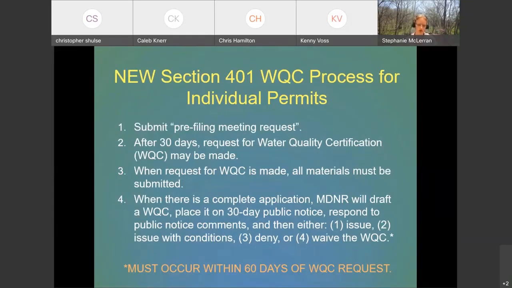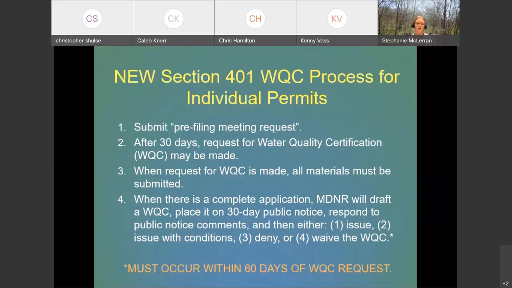Once you do request your water quality certification, you must have all your materials submitted, because once that request is made, they start a timer basically on it, and they give themselves 60 days to get this to you.